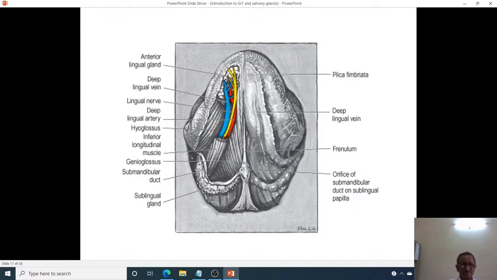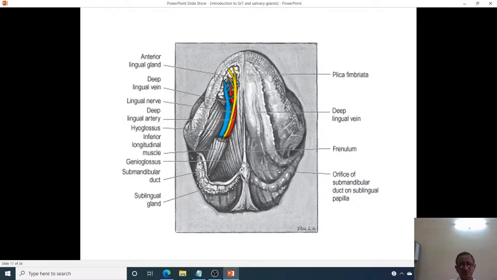And of course we are seeing the various muscles and other things present in the tongue: anterior lingual gland, deep lingual vein, lingual nerve, deep lingual artery, hyoglossus, inferior longitudinal muscles, genioglossus, submandibular duct.